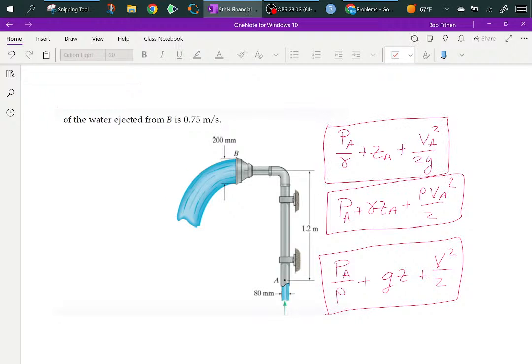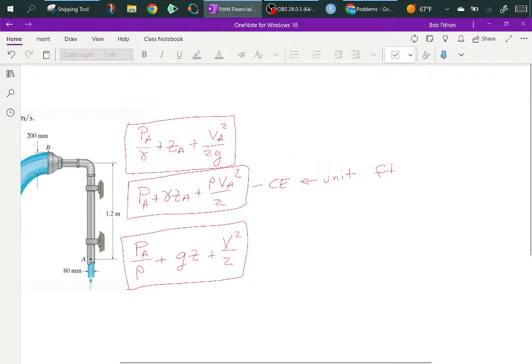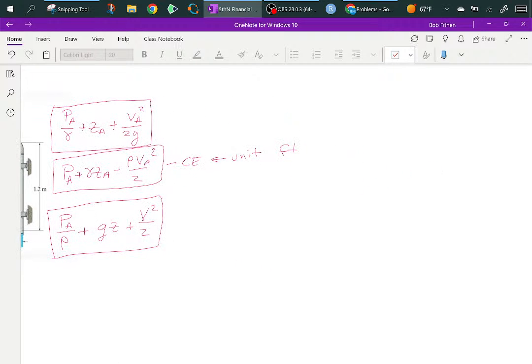This one is loved by civil engineers, because the units of the equation are in feet of water. And the beauty there is a civil engineer may walk out onto a piece of property, sees a lake and sees some hills, and he may also go in his office and see a contour map.